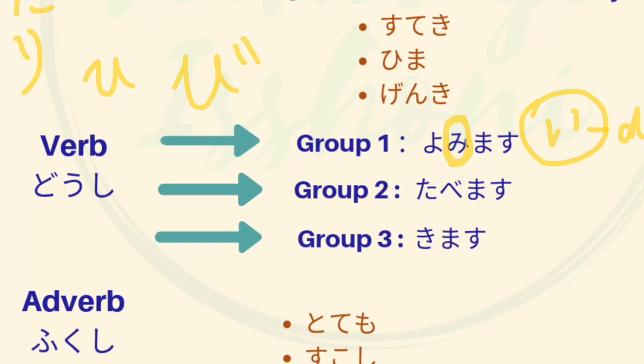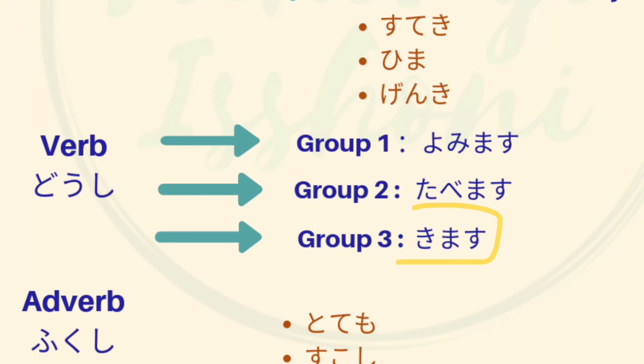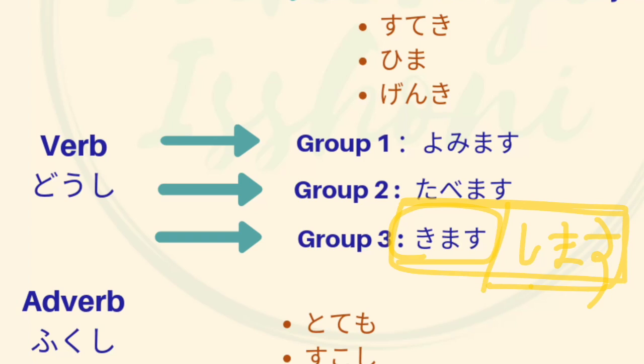Similarly, group 2 is the verbs in e-dan, that is be, ne, re, and the third group has kimasu and shimasu. So these are the two verbs in group 3, kimasu and shimasu.